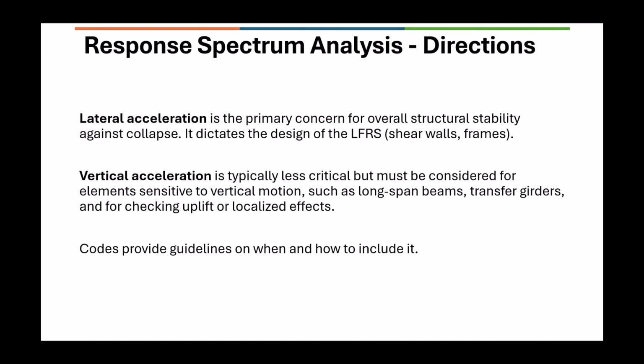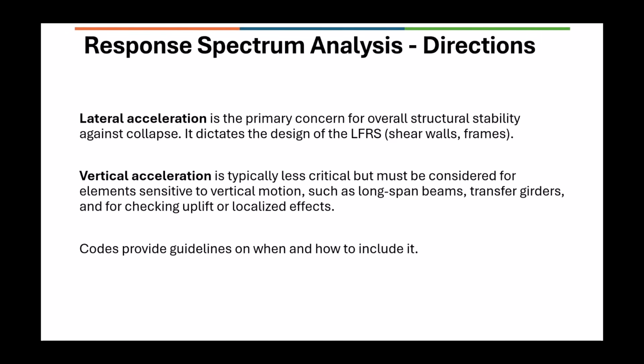It dictates the lateral force resisting system design. Vertical acceleration is typically less critical, but must be considered for elements sensitive to vertical motion, such as long span beams, transfer girders, and checking uplift and localized effects. So vertical acceleration should also be considered in these cases.